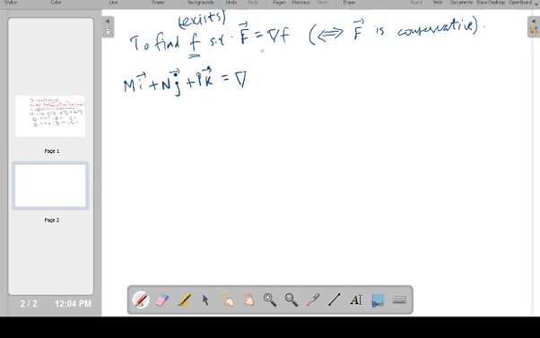It is dou f by dou x times vector i plus dou f by dou y times vector j plus dou f by dou z times vector k. Such an f you have to find out. This is what you want to find out: small f such that this equation holds.